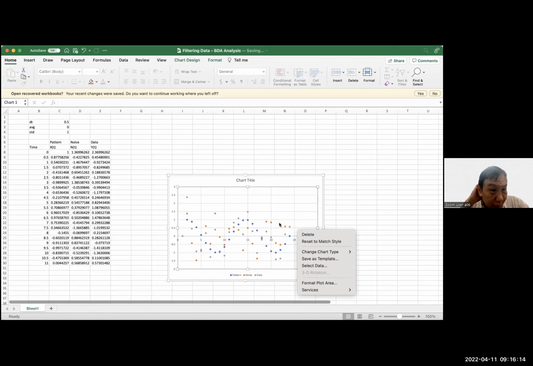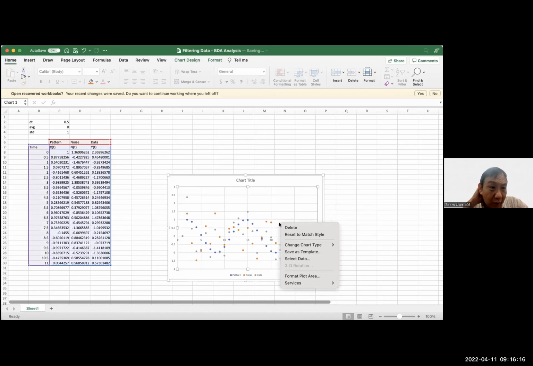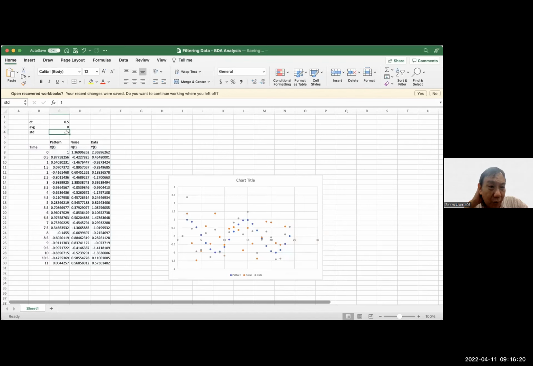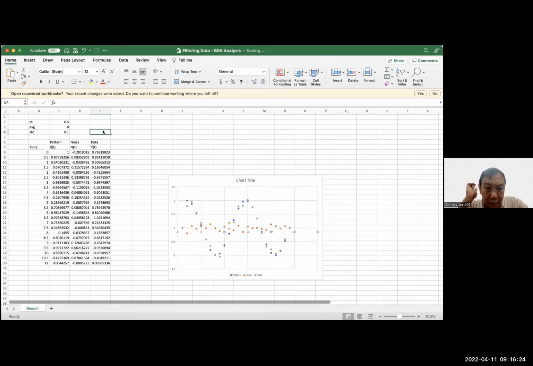Now, you can change the standard deviation smaller, for example, so 0.1 or 0.2. So then you can start to see the noise, and the pattern and the data is not so much different. Can you see that or not?